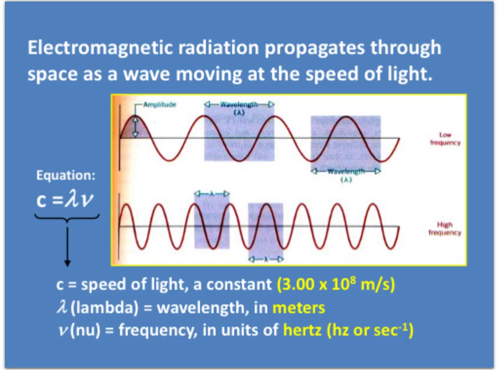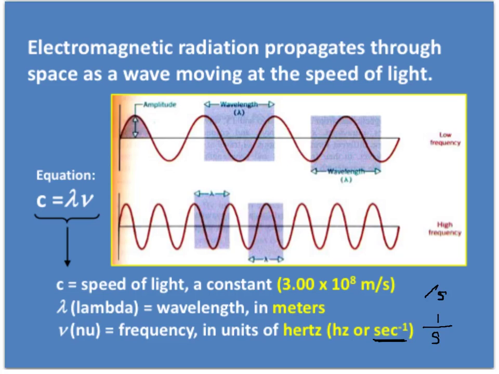Now let me clarify something on seconds to the minus 1. Seconds to the minus 1 means 1 over seconds. So when we say 1 over second, or second to the minus 1, it also means per second. So that's what that unit means.